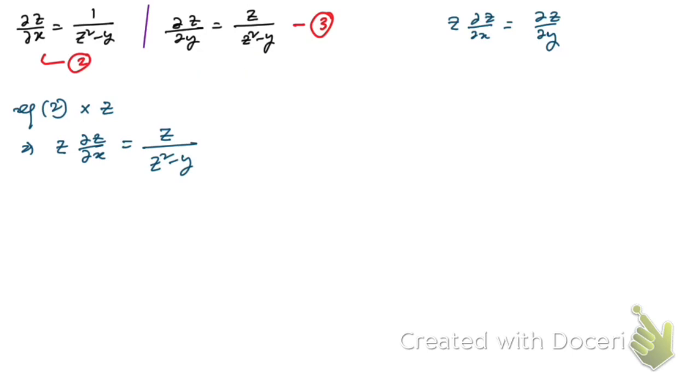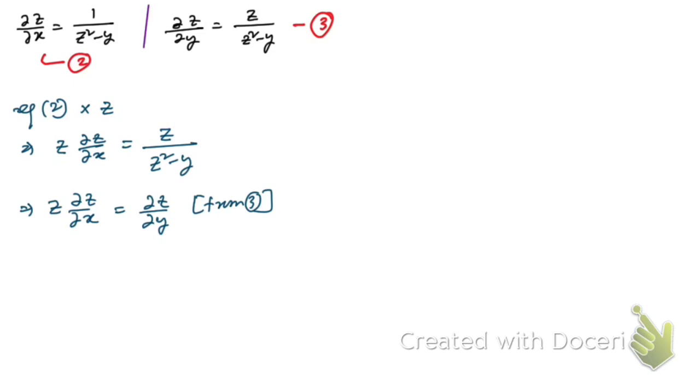So from equation number 3, z into del z by del x can be replaced by this value. Hope you have understood this, del z by del y from 3. So this one is done.